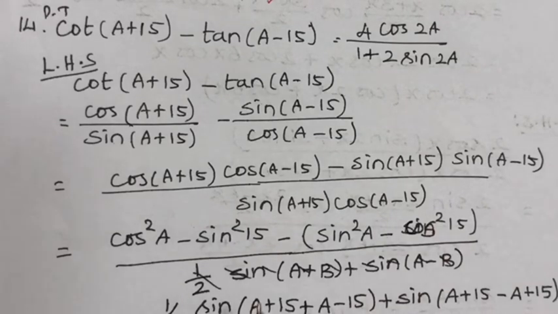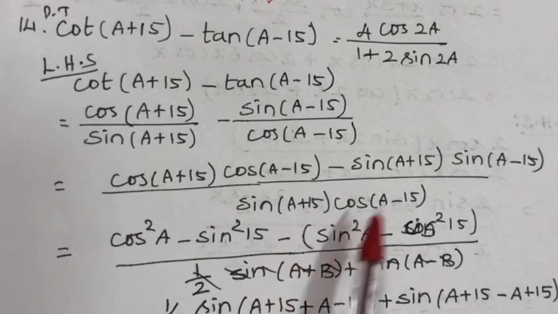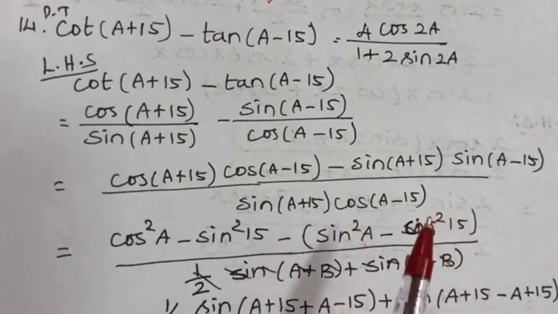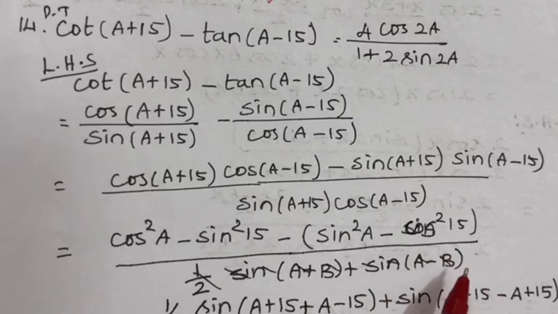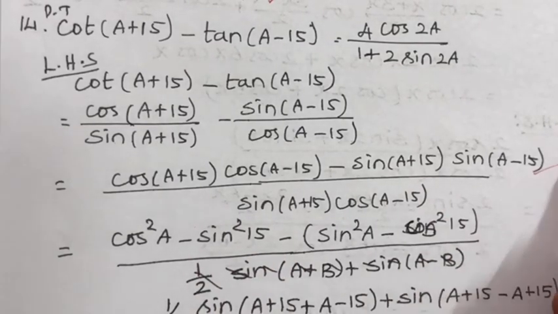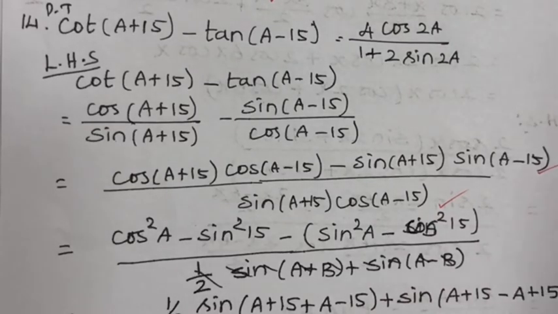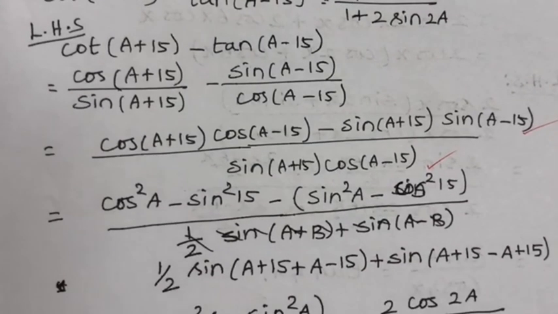Similarly in the denominator it is sin a cos b, that is a product to sum identity. In the numerator we used one identity, in the denominator we are applying a different identity. So in the denominator 1 by 2 into sin(a plus b) plus sin(a minus b).